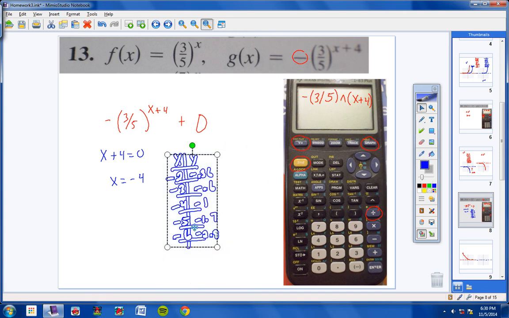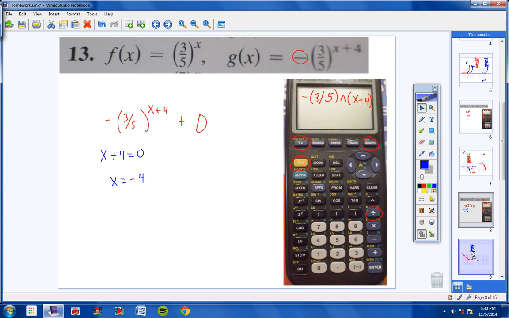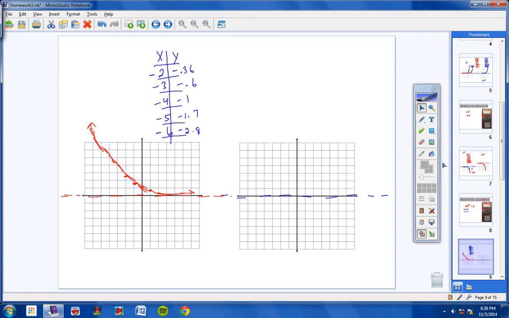Let's go ahead and pull this over here. And here we go. Negative 2, negative 0.3. Negative 3, negative 0.6. Negative 4, negative 1. Negative 5, negative 1.7. Negative 6, negative 2.8. So there we go.